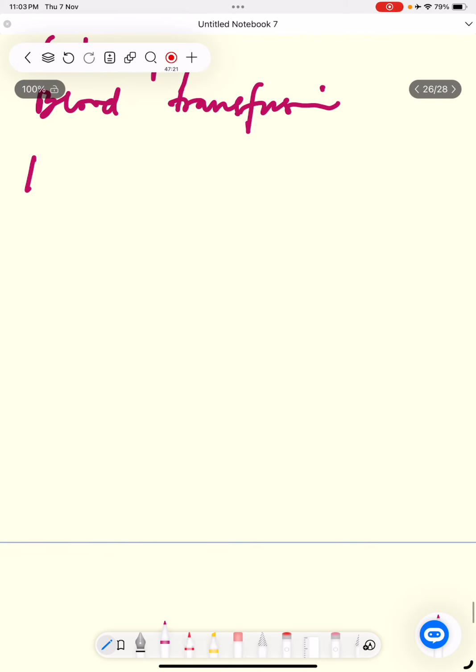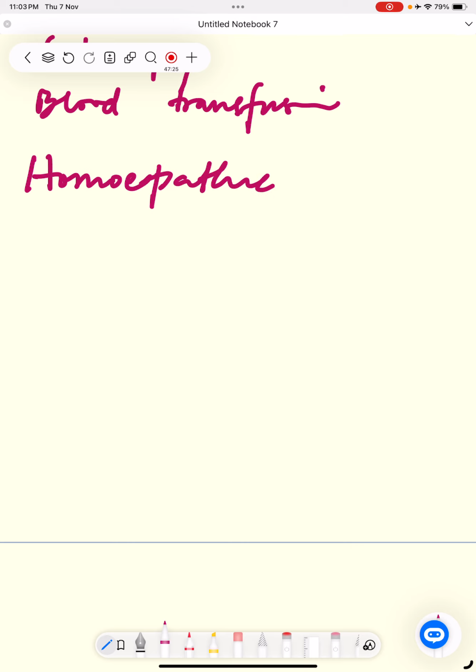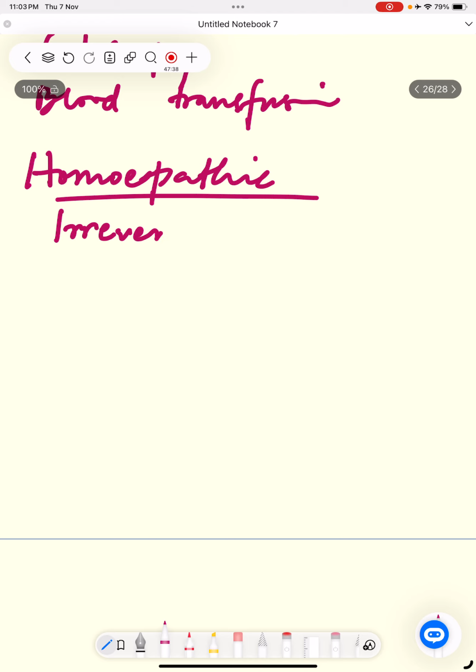Now, whenever we talk of the homeopathic approach, we need to remember, and we need to also make sure that we are giving this awareness to the patient that this is irreversible, because the pathology is irreversible.